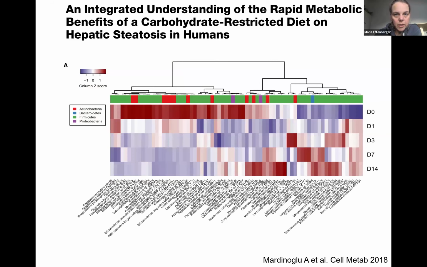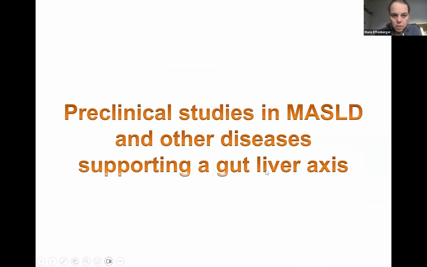So if you look at the benefits of the carbohydrate-restricted diet on a microbial level, here you have the more pathogenic microbial composition, and in 14 days you can switch to a really anti-inflammatory microbial composition.